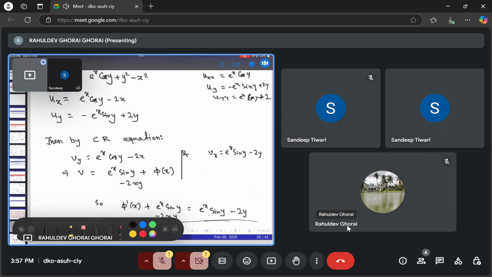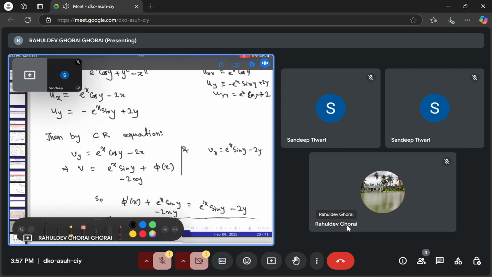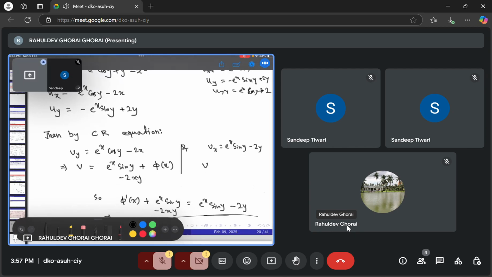Where am I making a mistake? Okay, so from here what you can say, v is nothing but e to the power x sin y minus 2xy plus some function psi of y.